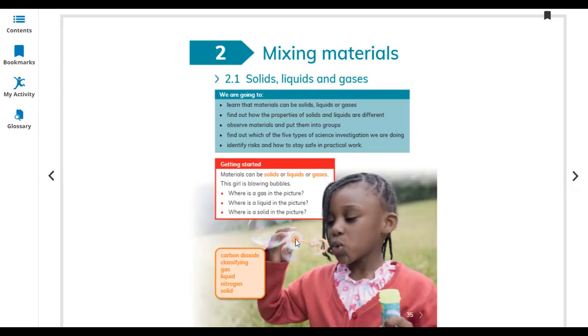You can see the gas inside the balloon and also all around, and the air she's blowing out is a gas. And where is the liquid? Inside this bottle. And what is the solid she's catching in her hand? This is solid. Even the bottle she's catching is solid, with liquid inside.